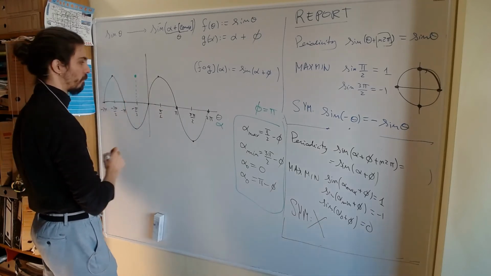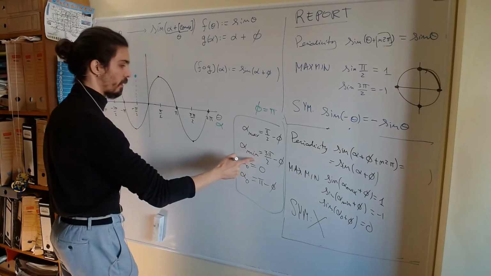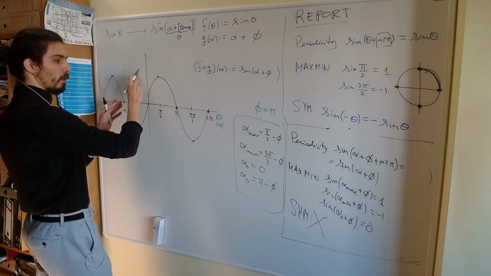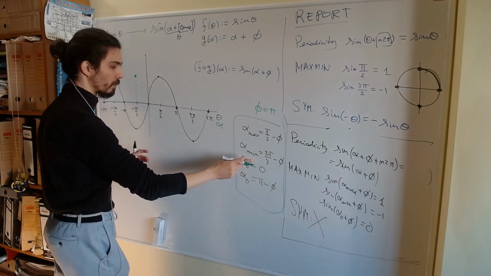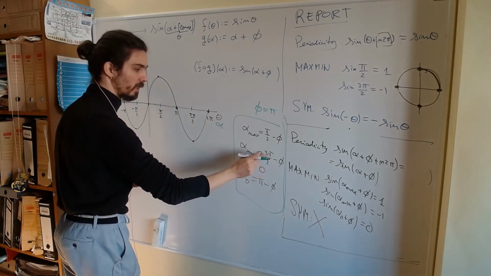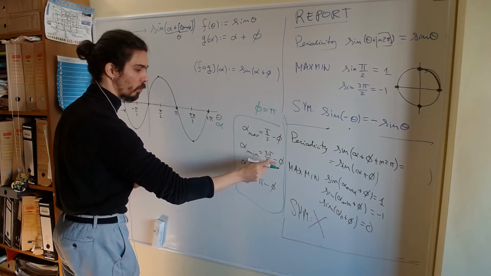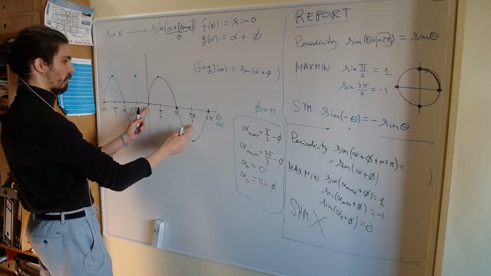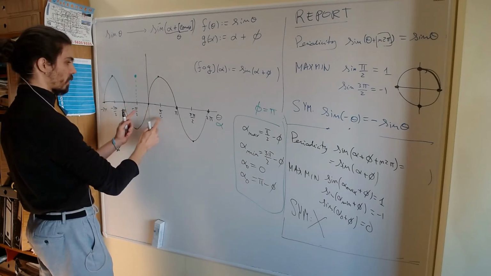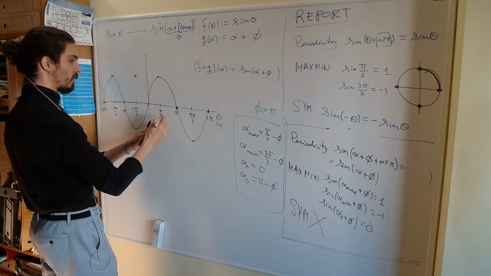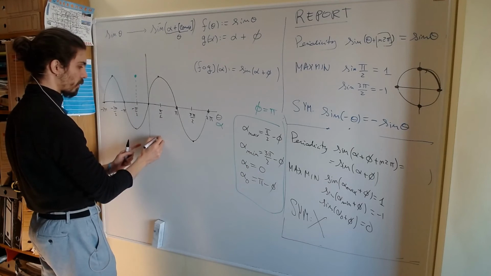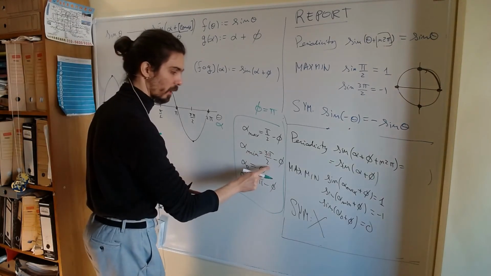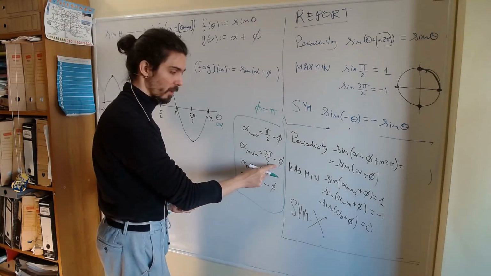Notice, compare. The old maximum is here. The new maximum is here. The old minimum is here. The new minimum is at 3 pi divided by 2 minus pi. From here to here, this is the minimum now, above pi over 2.